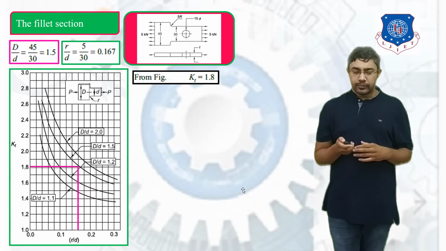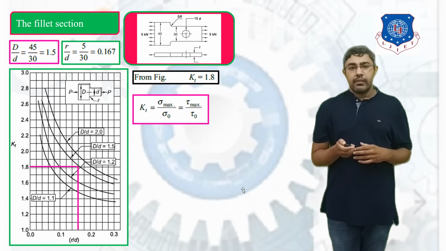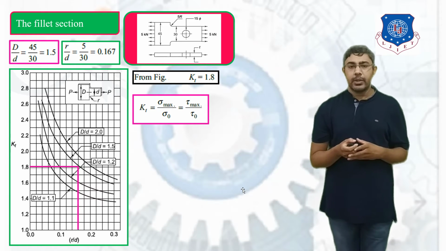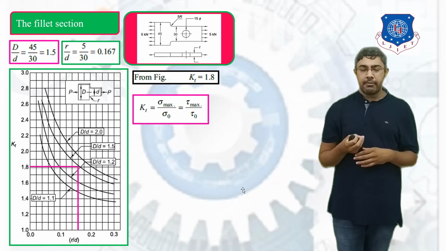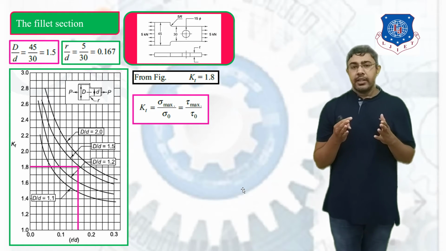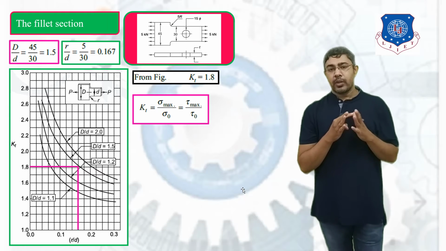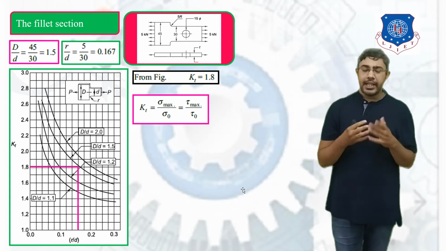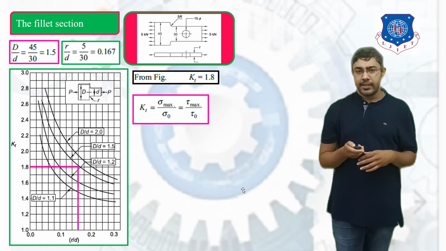The stress concentration factor Kt is equal to sigma max upon sigma 0. From this equation we have the value of Kt and sigma 0, so we can calculate sigma max.